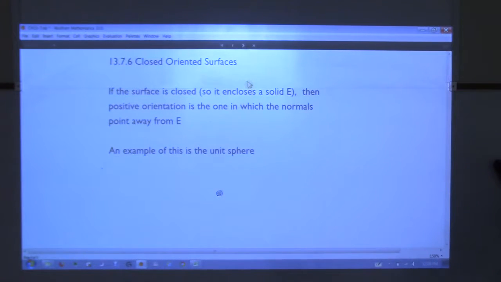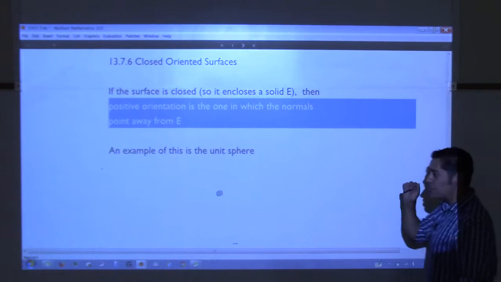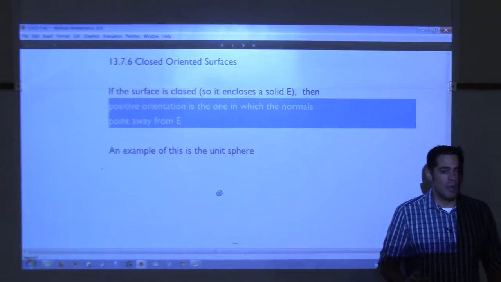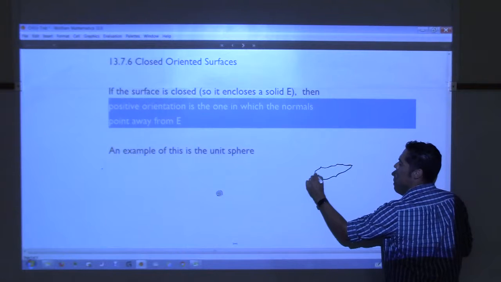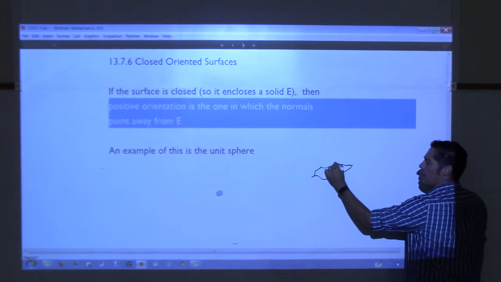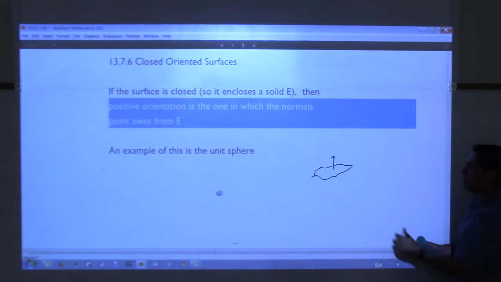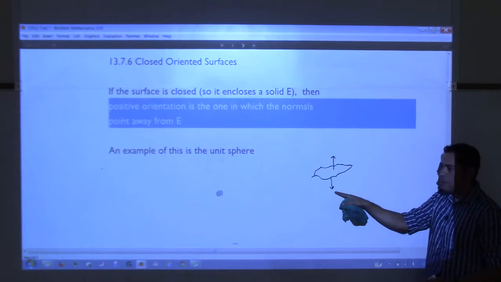All right, so if we have a closed surface, then positive orientation is the one in which the normals point away from the solid. So we all just agree that that's what positive orientation means. When we have just a random sheet of paper floating around like this, and I tell you that's a normal vector, you could argue with me that, no, this is the normal and that's the negative.